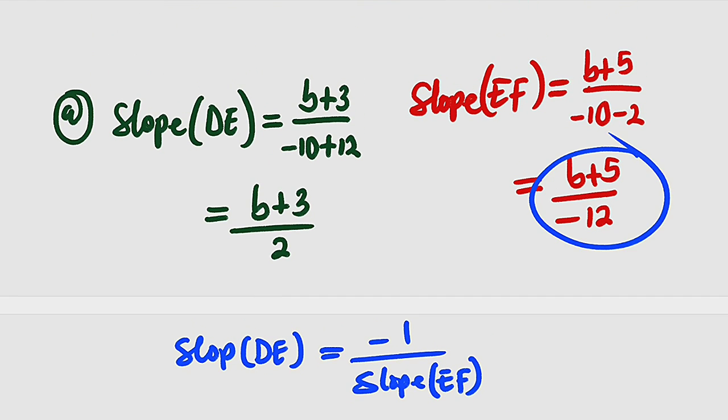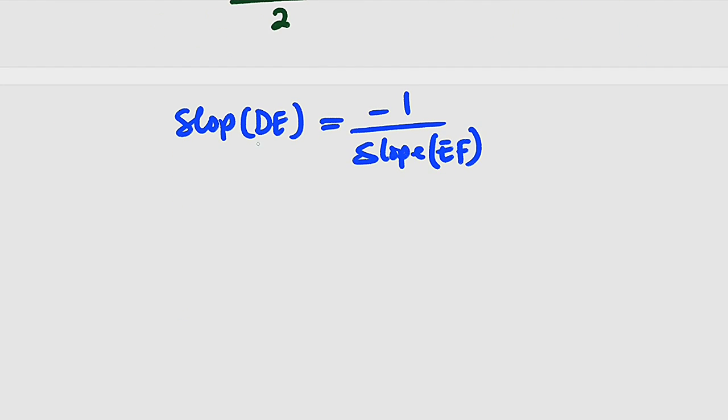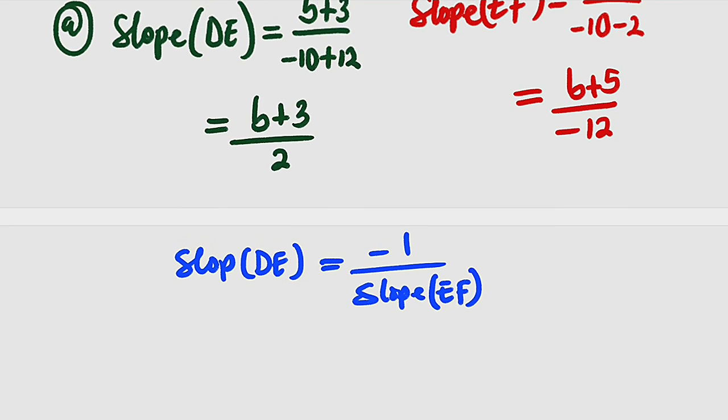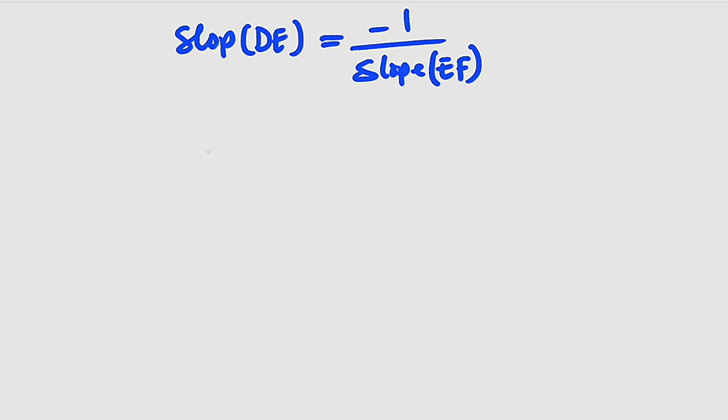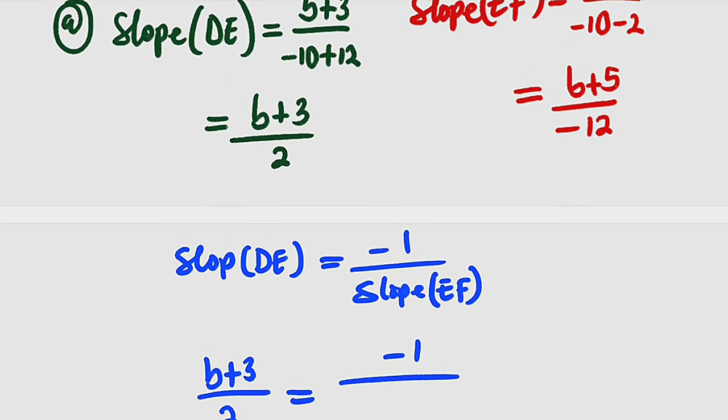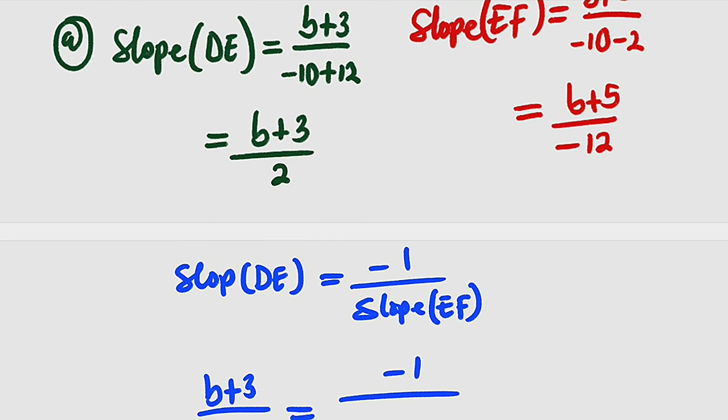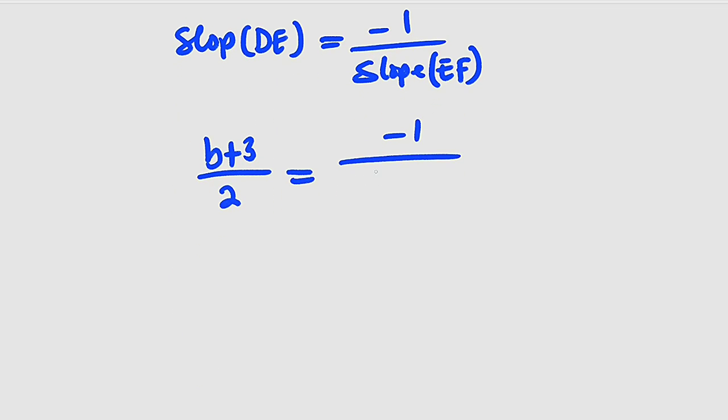Now let us substitute. The slope of DE is B plus 3 divided by 2. So we have B plus 3 divided by 2 equal to negative 1 divided by the slope of that line, which is B plus 5 divided by negative 12.